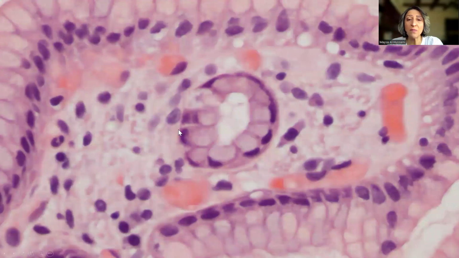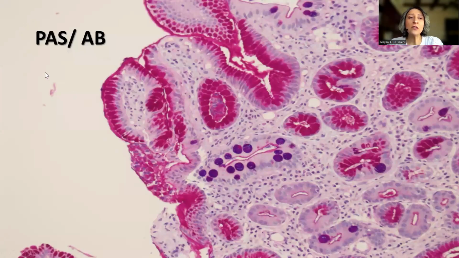This is from the same case, again one of the glands, and are these goblet cells or are these pseudo-goblet cells? Simply, what we can utilize is the PAS Alcian blue special stains. How would this be of help? Normally, the mucin in the stomach is neutral, and thus it would stain with PAS.